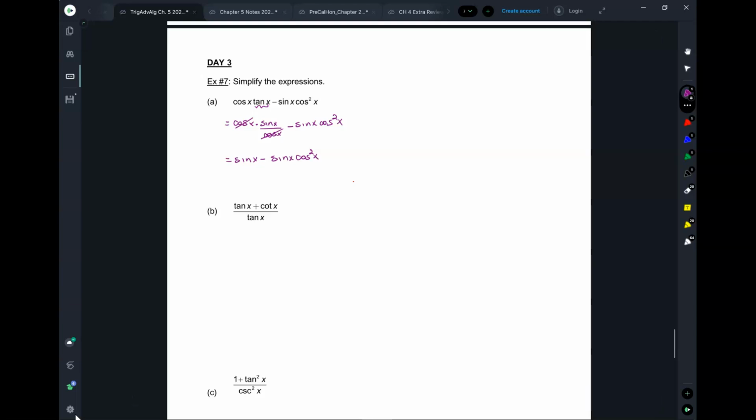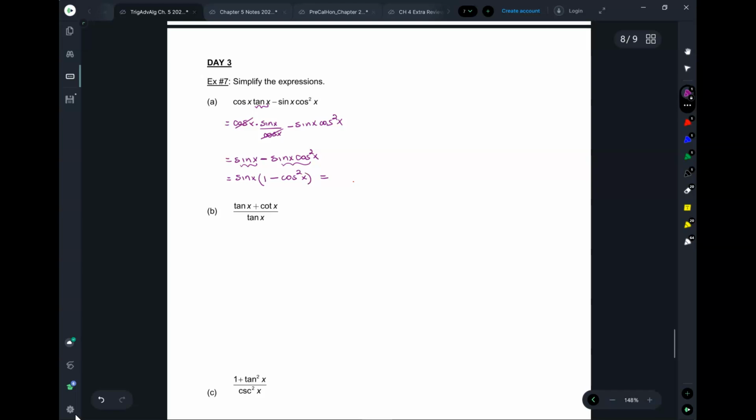Okay, now, from here, you see how you have two terms separated by a minus. Both of the terms have a sine x. So what I'm going to do is factor out a sine x. When I factor out a sine x, from here I just have a 1 left, minus cosine squared x left.